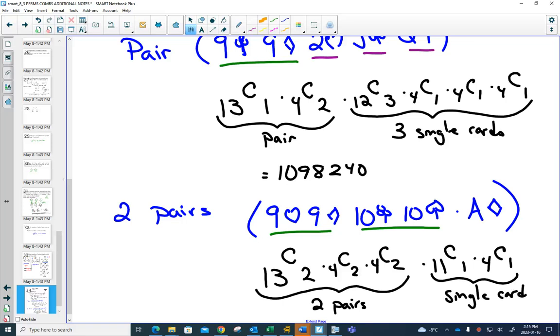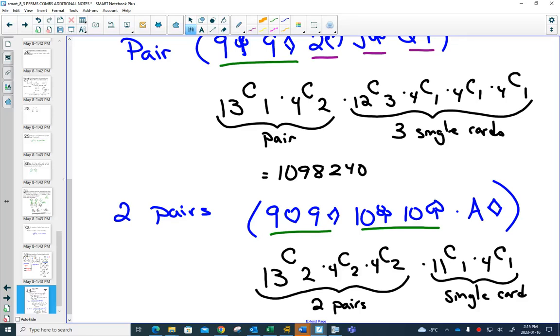Now there are some people who would say, couldn't I just do, there's 44 cards left once you take out all the 9s and all the 10s. That takes out 8 cards out of 52, 44 cards left. Couldn't I, for my single card, just do 44 choose 1? Yes. However, if I want to use this strategy all the way through, I'm going to keep the strategy showing up, right? But it's perfectly fine to do 44 choose 1.